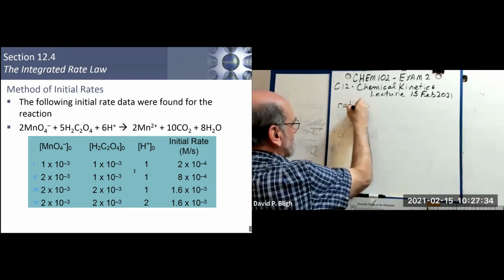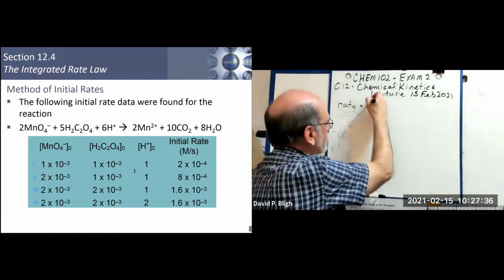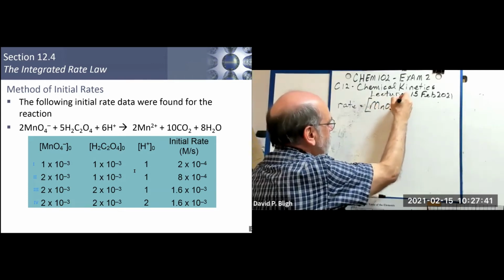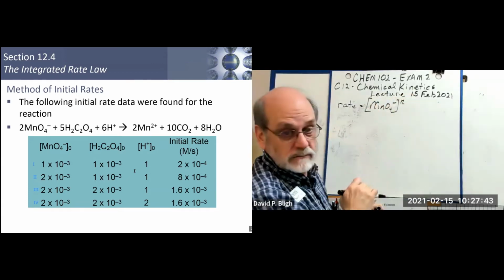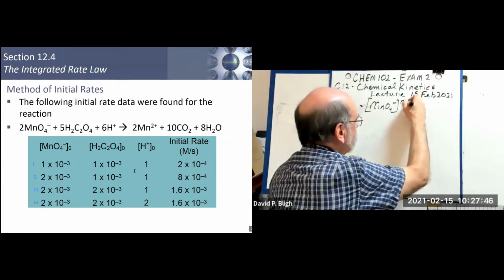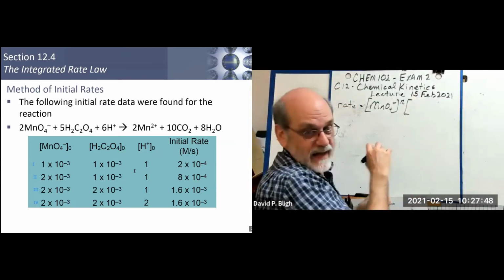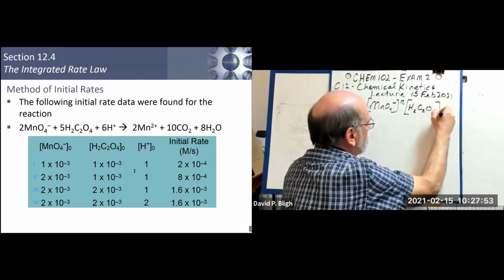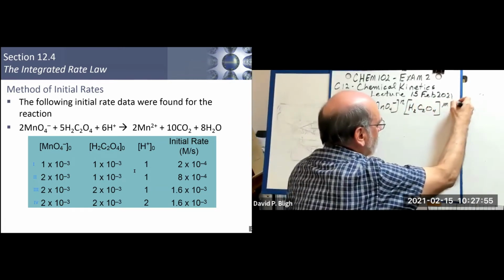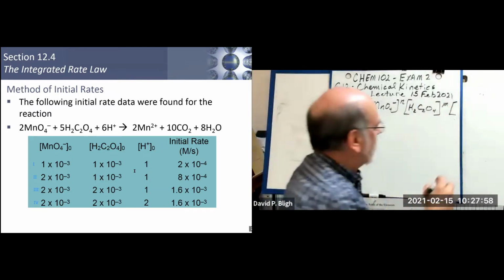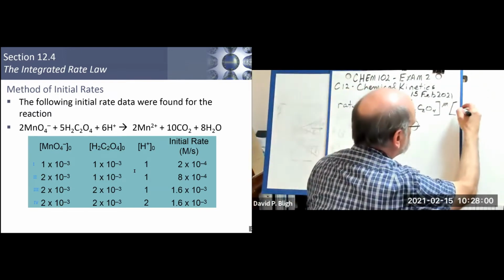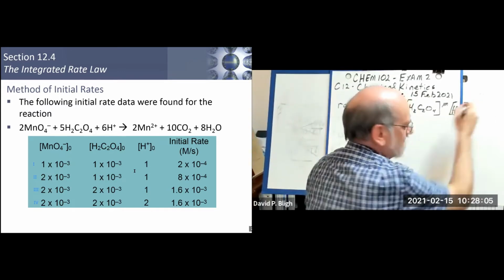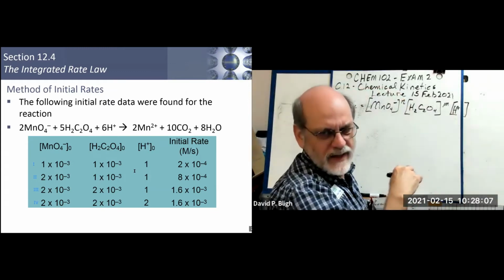So it would be rate is equal to the manganate ion to the n power, and the oxalic acid to the m power, and then the hydrogen ions to the, I don't know, L power, I guess.